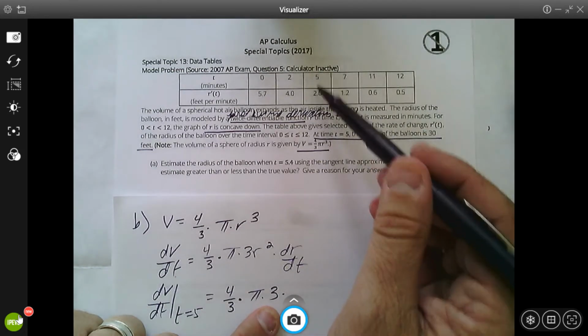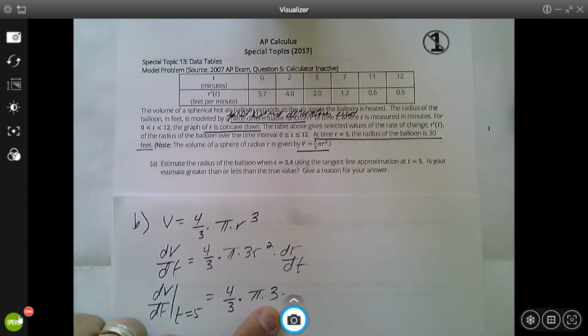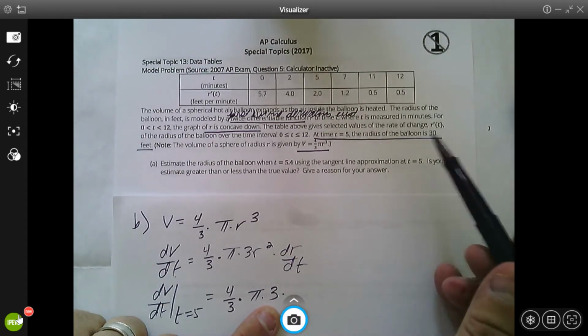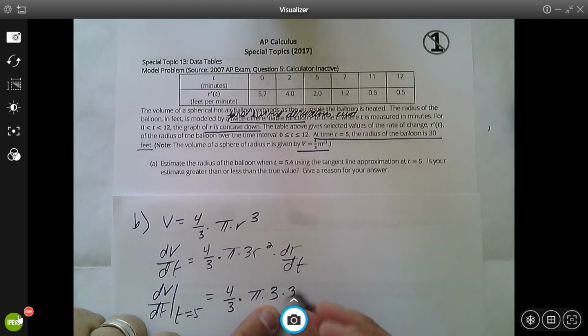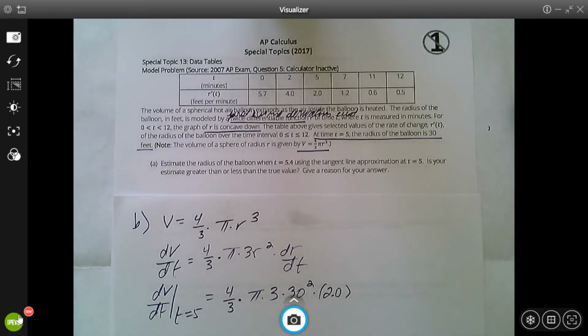Your radius at time 5, be careful, that's not 2.0. The radius at time 5 is 30. That's going to get squared. dr/dt at time t equals 5 is 2.0. That's going to be your change in volume with respect to time at time t equals 5.